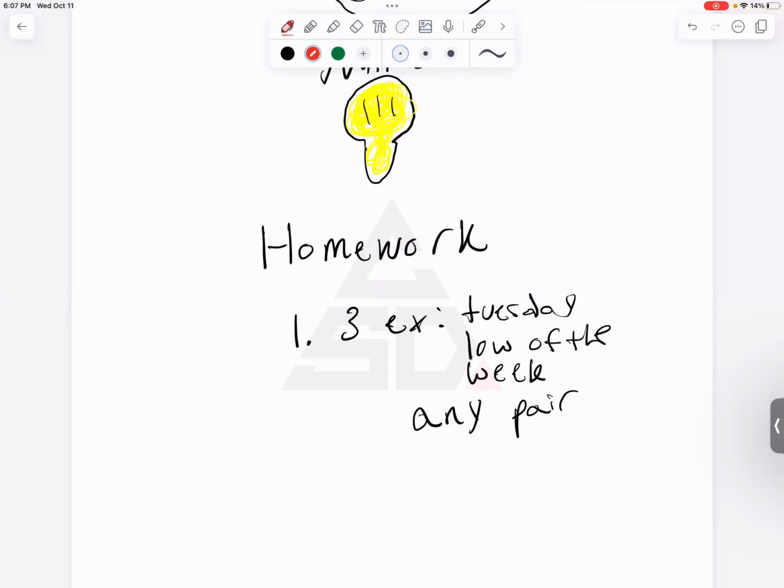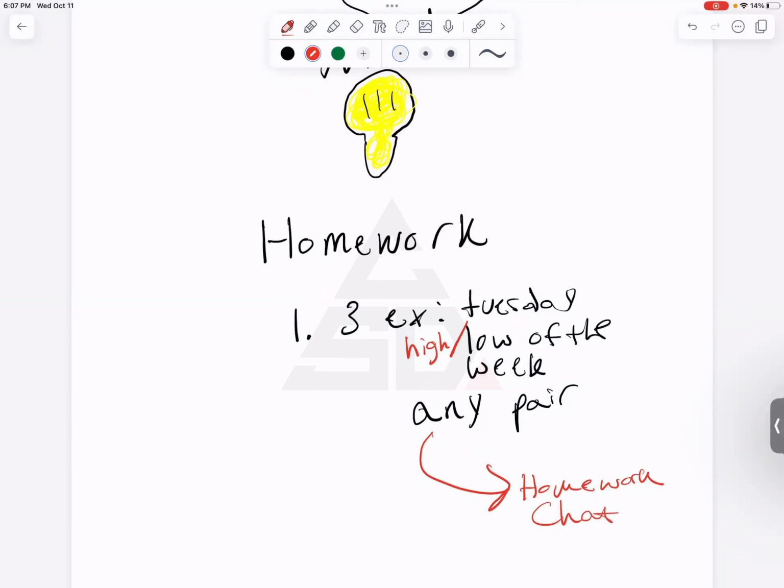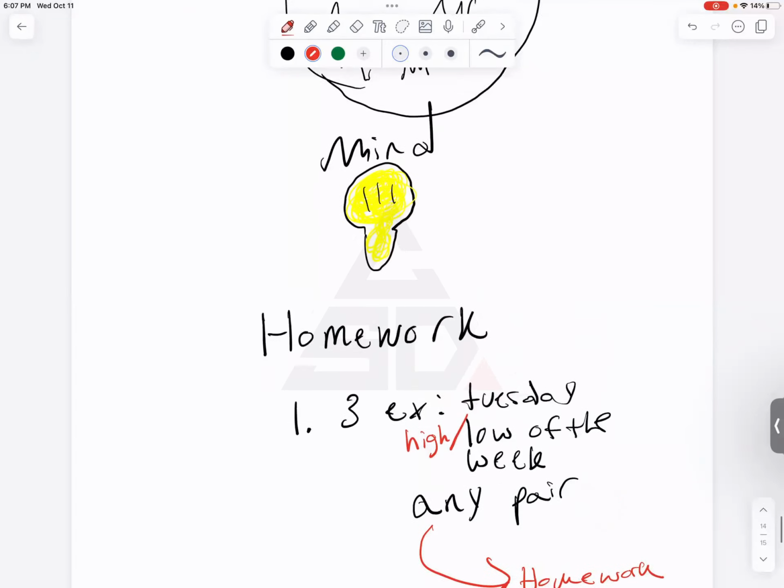And I want you to drop it inside the homework chat. Or it can be a high. It can be low or high, it doesn't matter. This is the homework. Drop it inside the chat. See you guys next time.